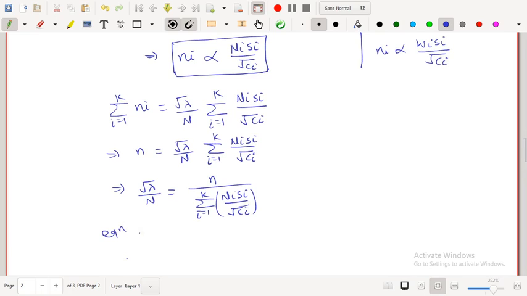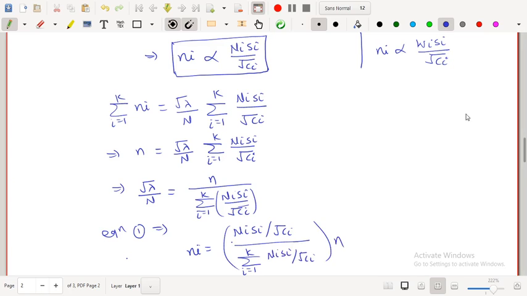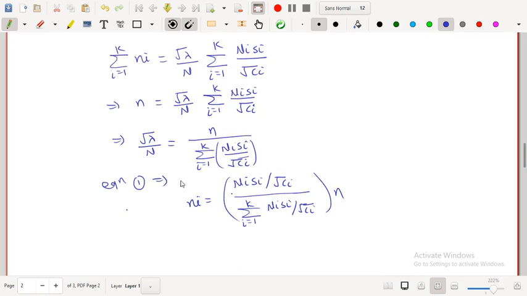So equation number 1 implies ni is equal to NiSi upon root of Ci, upon summation i running from 1 to k NiSi upon root of Ci, into n. So this is the expression for small ni in terms of capital Ni.